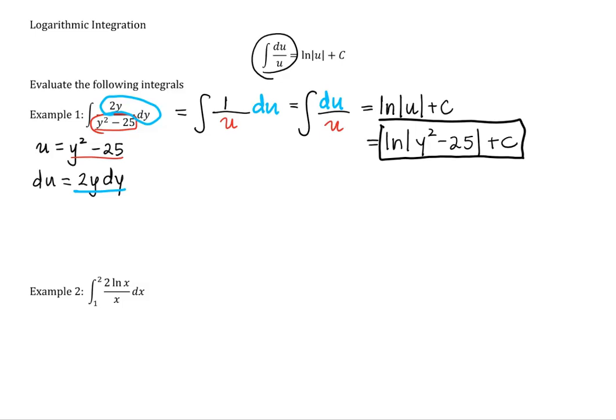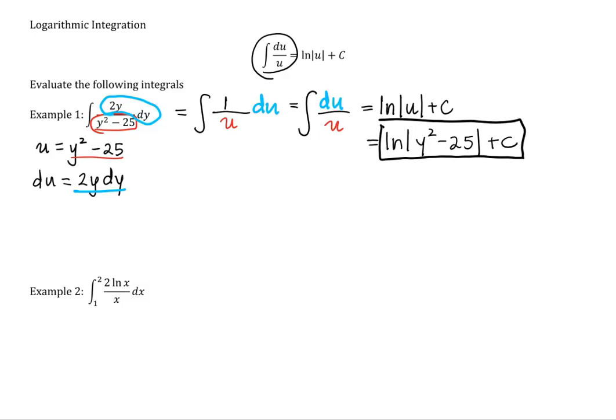Notice that what's circled in red in the denominator, y squared minus 25, we know how to take derivatives and we know how to do it pretty quickly now. The derivative of that is 2y, which is exactly what is in the numerator. So that is something that you need to be looking for as you continue to integrate functions. And remember, I told you that Calc 2 is all about integration. So we will still be talking about du over u when we get to Calc 2.